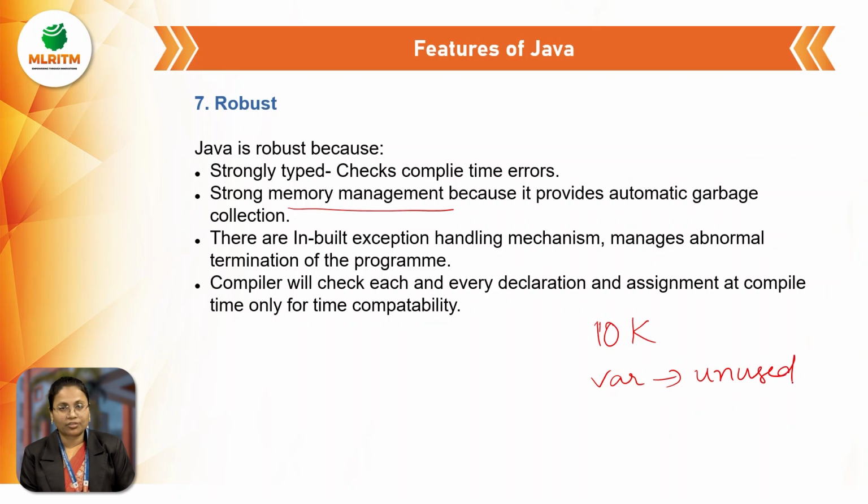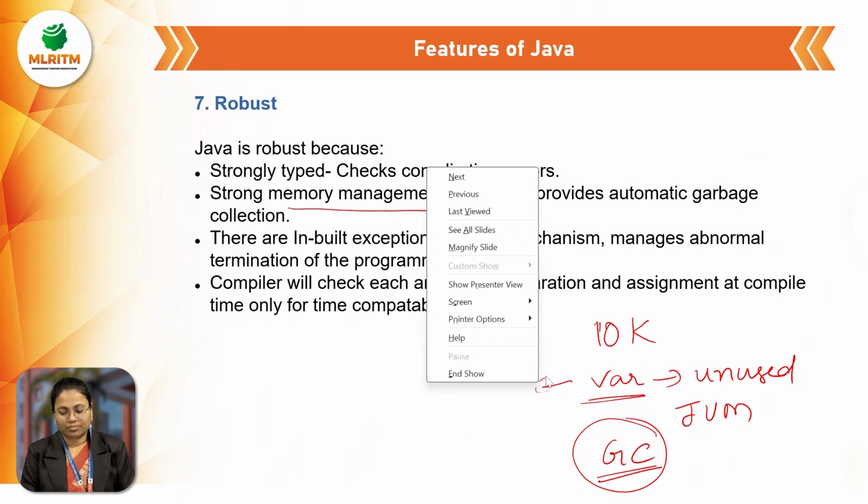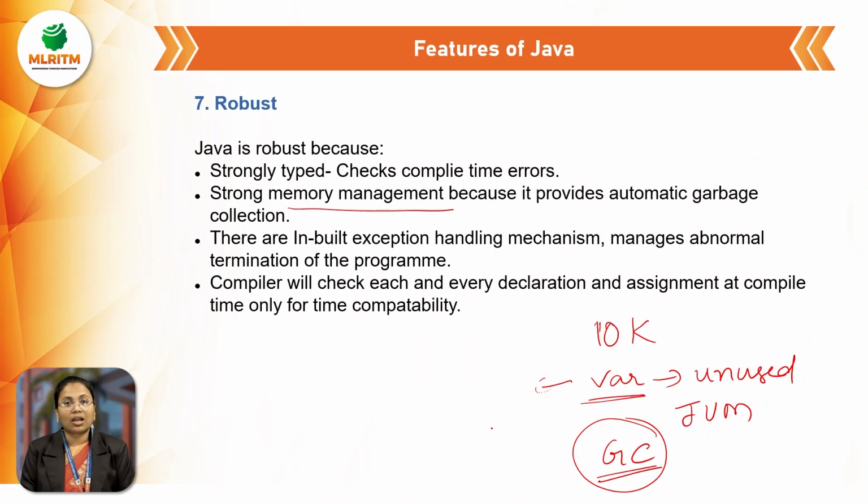These unused variables will be deleted automatically by the JVM with the help of the garbage collector. There is a concept called the garbage collector. With this garbage collector, we can deallocate the memory of unused variables. So that's why it provides strong memory management.